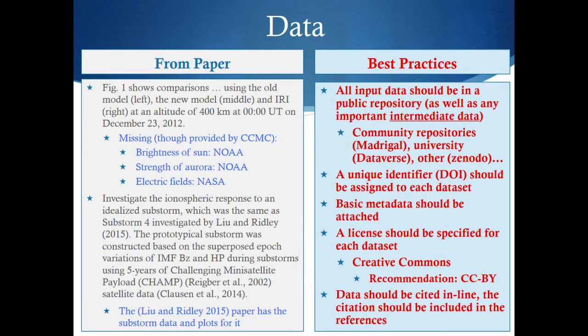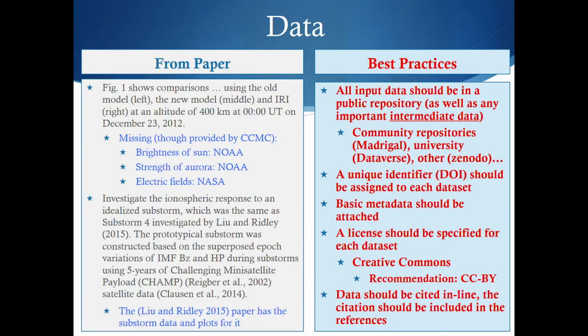So there's data about brightness of the sun, strength of the aurora, electric fields that come from NOAA, NASA, and there's other data as well, but this data is not included or cited in the paper. Other disciplines in geosciences have repositories that will give you a DOI for whatever data set you're downloading from that repository, so that you have a unique way for others to access the same data set.